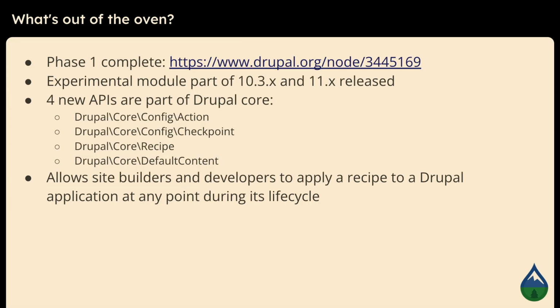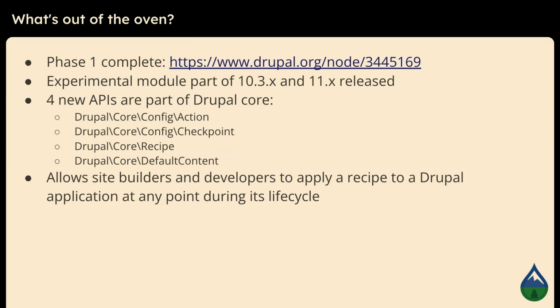So what's currently out of the oven? Where are we right now? As of right now, phase 1 is basically complete. There is an experimental module that made it into 10.3 and 11.x.